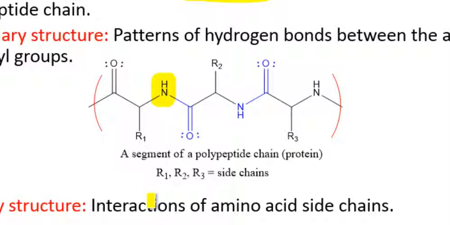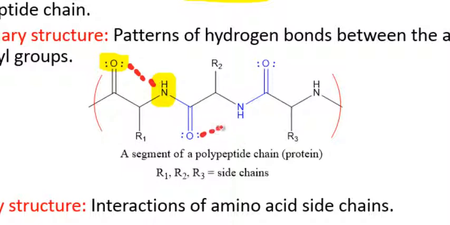Now nitrogen is an electronegative atom. And we also have this carbonyl group adjacently located right here, which has electrons that it can use to hydrogen bond. So hydrogen bonds can essentially form between the electrons of that oxygen of the carbonyl group and the hydrogen that is held by that nitrogen atom.